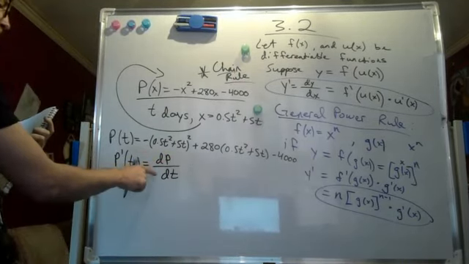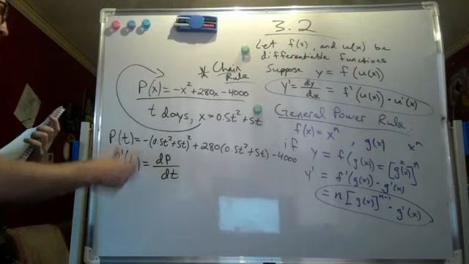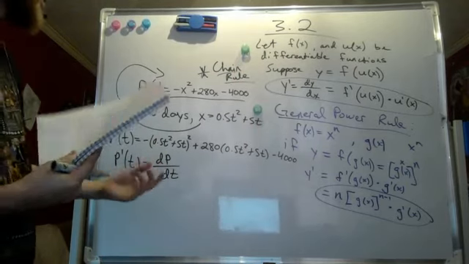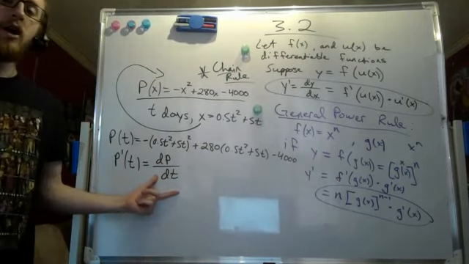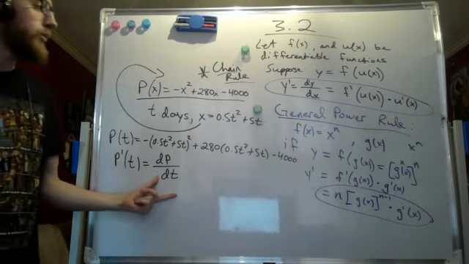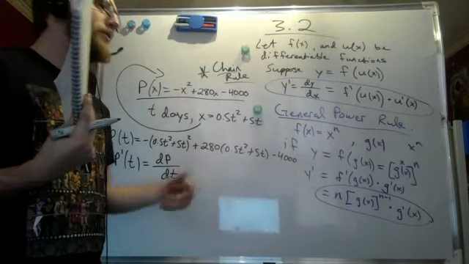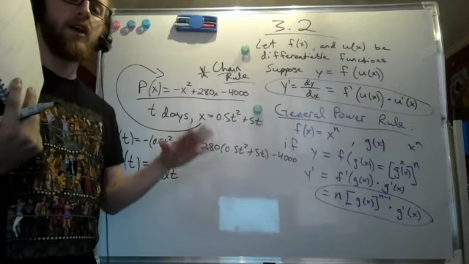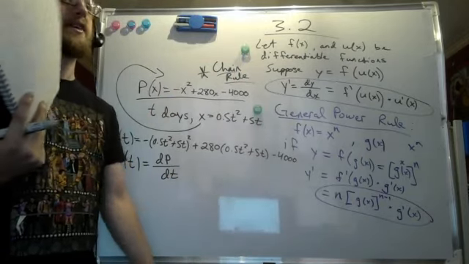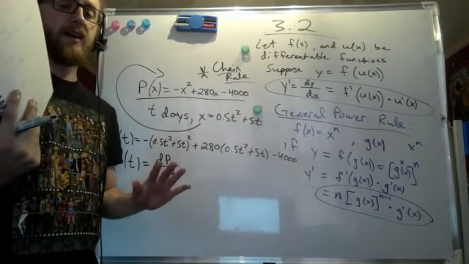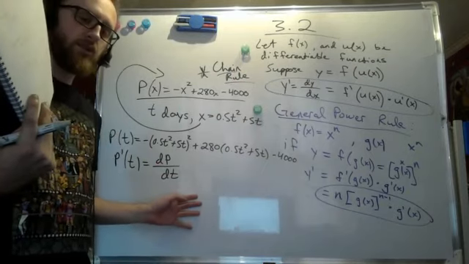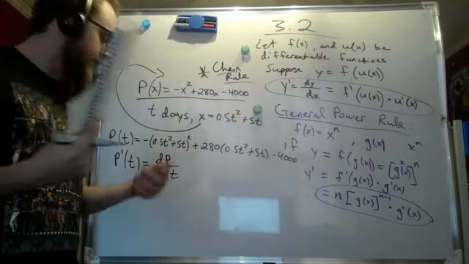This is very important, dP/dt. As we start moving forward, you're going to start seeing this kind of stuff more often, where you're no longer taking the derivative with respect to x. And maybe you have to change some variables, maybe it's a different kind of derivative, so on and so forth. So pay attention to the wording in these questions. It does make a difference and it will change your answers. So keep that in mind.